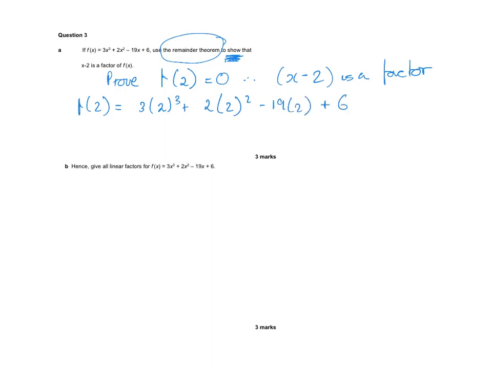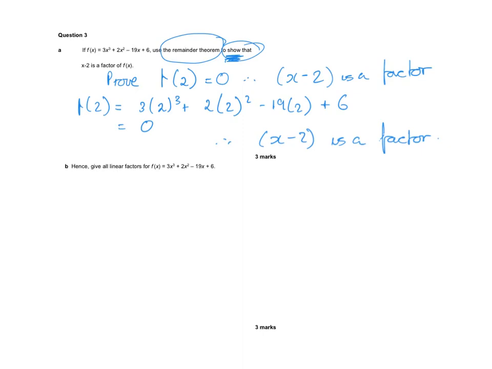And of course, when you work all of that out, you end up with 0, which is equal to the right-hand side there. And so therefore, x minus 2 is a factor. So it's just being a little bit particular, especially when it's a show that question, that you make sure that you put a statement of what you're actually going to show.